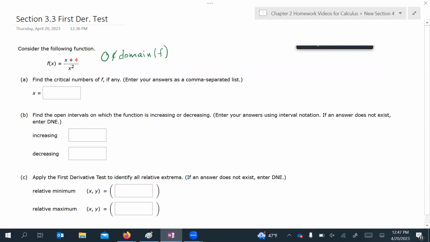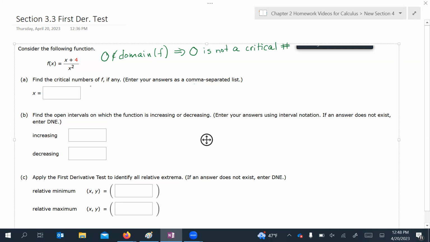And so since 0 is not in the domain of f, 0 is not eligible to be a critical number or a critical value. That's an important distinction because we have to have that the critical number is in the original function.